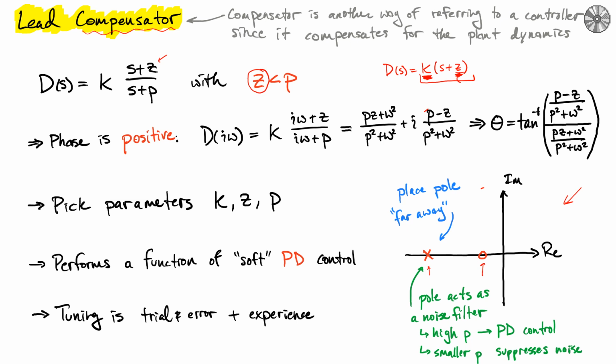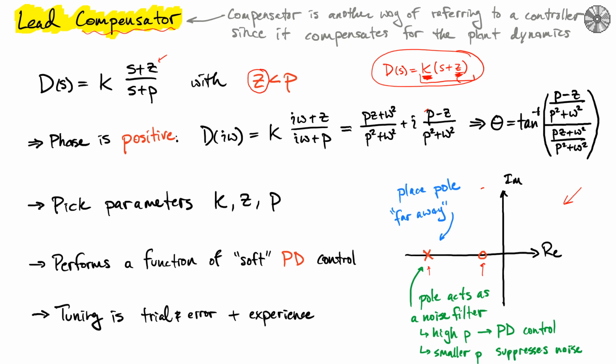And so you can think about this as being a softer version of PD control, because remember the derivative part of the PD controller is what added the zero to our PD controller. And in the same way, the dominant force here is the zero, the thing that's closest to the origin.